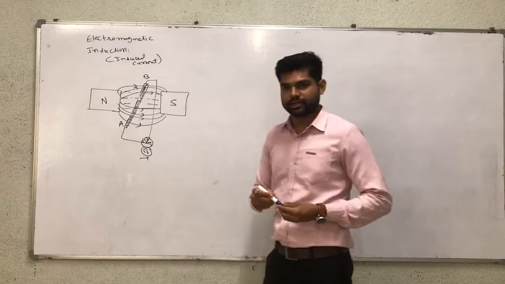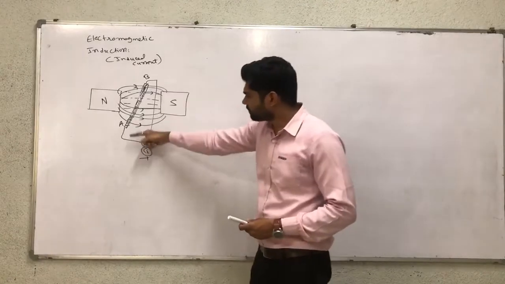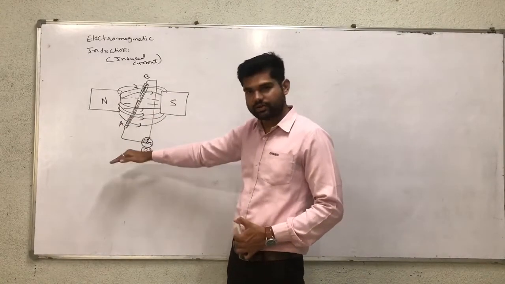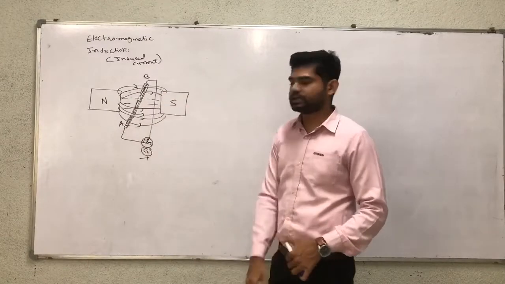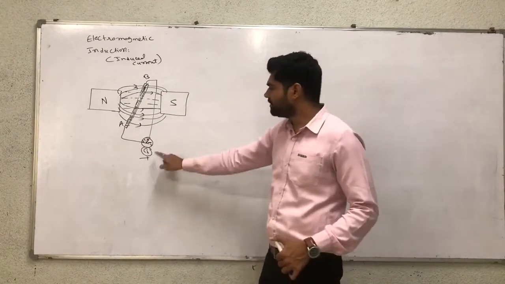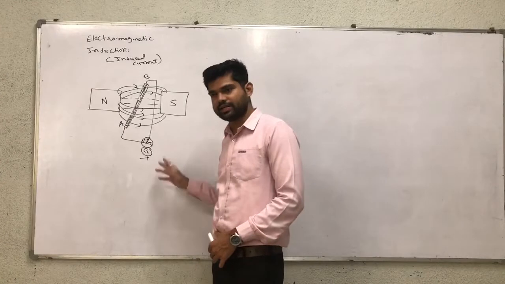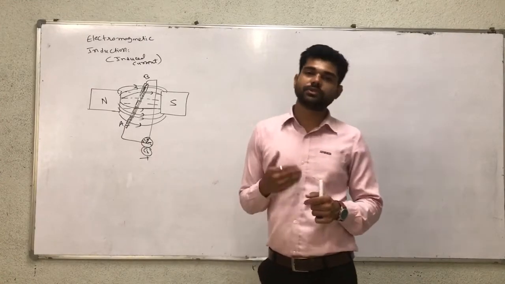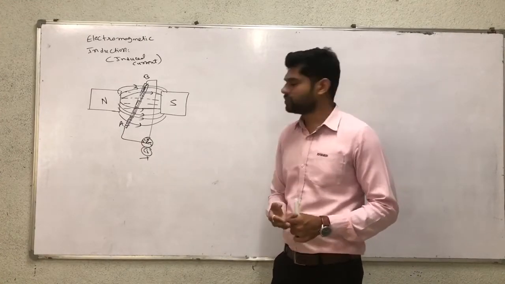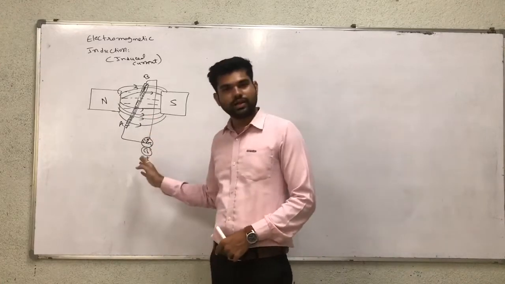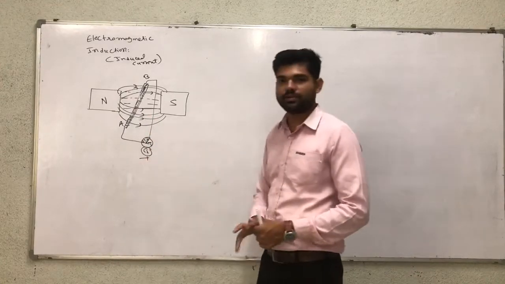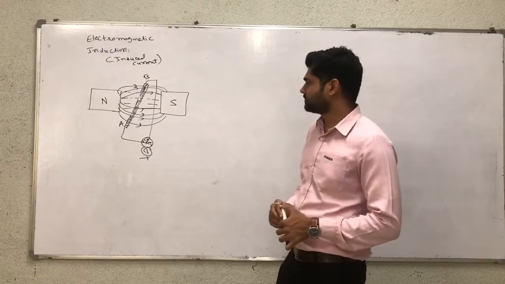Now we move the wire down, and the deflection will be reverse. First time it is right hand side, so next time it is left hand side. Suppose the first time is left hand side, then in the second try the movement is opposite, so the deflection changes direction.